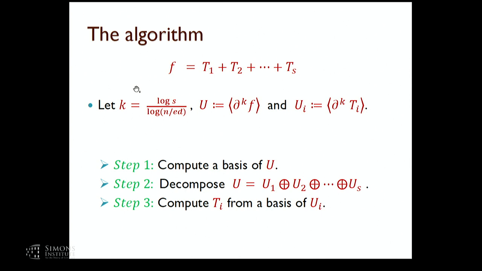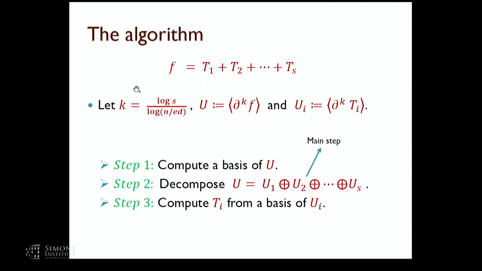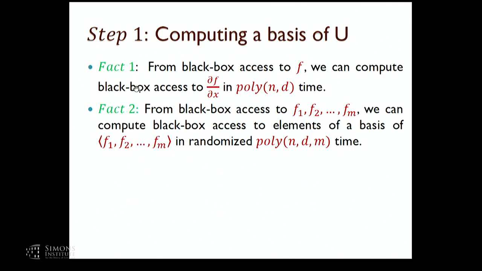So what do you mean by the decomposition? From the basis of U, you find bases of these individual spaces. And everything happens in the black box setting. I might not explicitly mention that this is black box, but it's always black box. Okay. So the first and third steps are relatively easy, so let me quickly go over it.